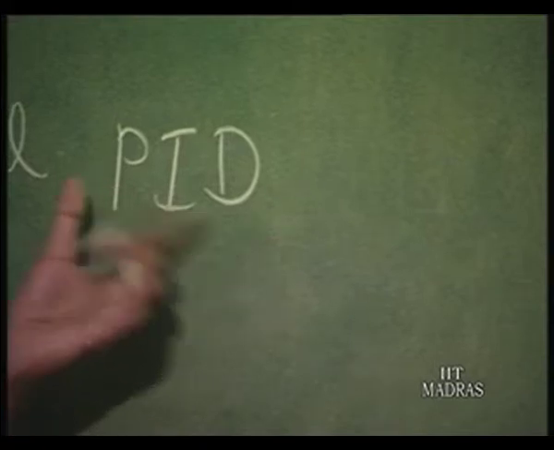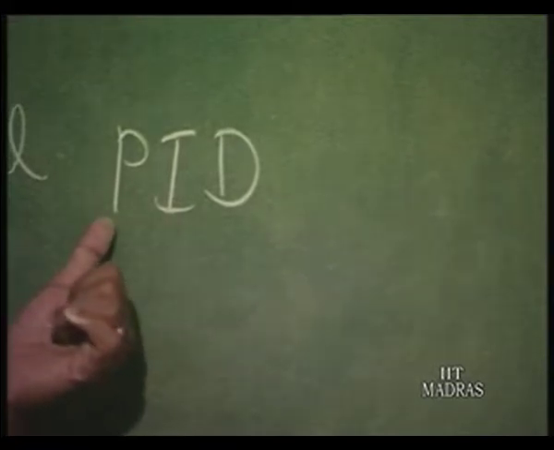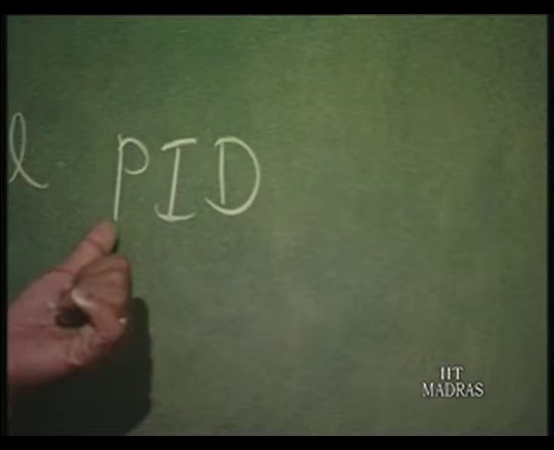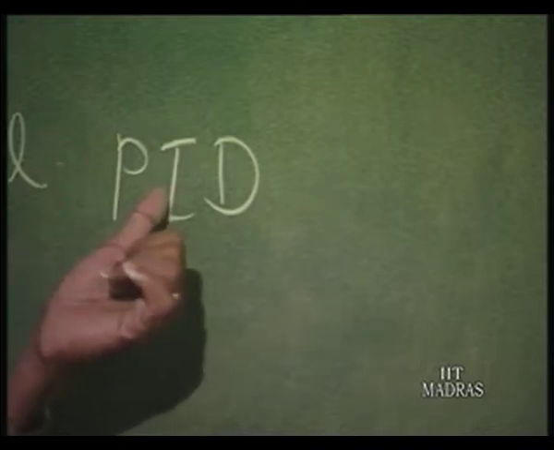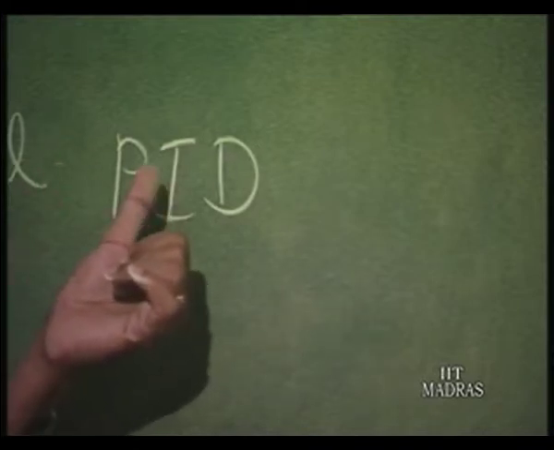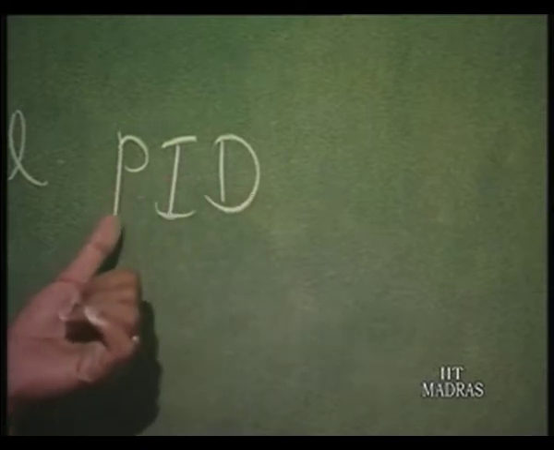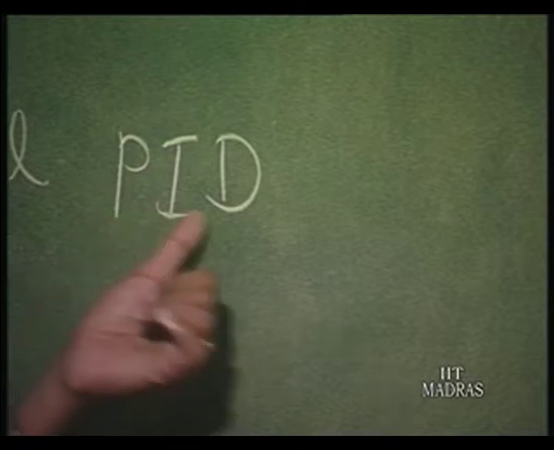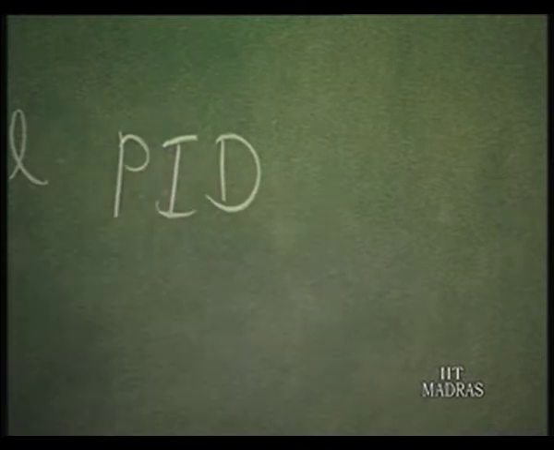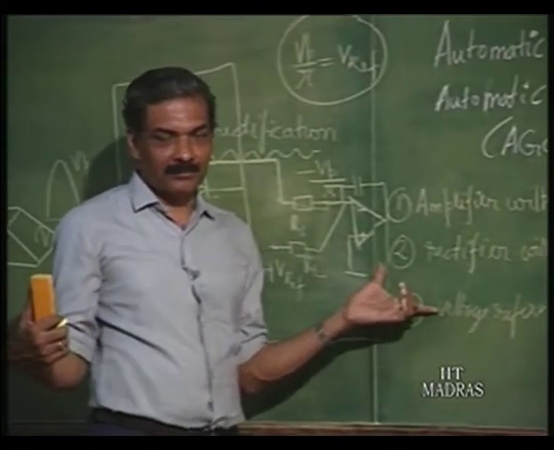It is basically proportional, because an amplifier is used for comparing. Integral, okay, if a capacitor is used. Differential, okay, if a differentiator is used. As a normal control system it is called a PID controller. This is called an integral control system.